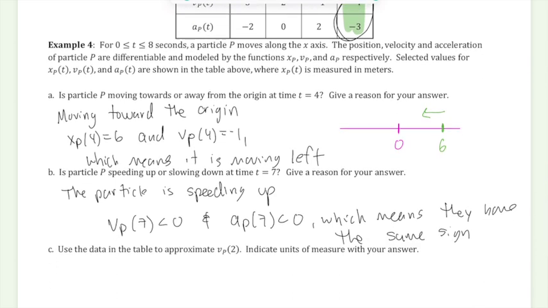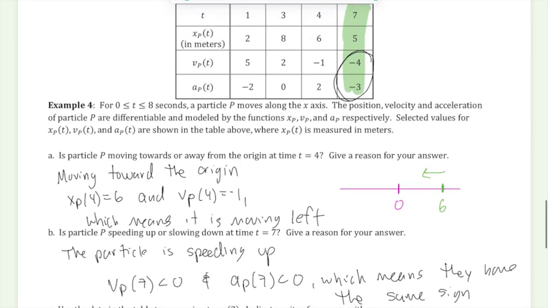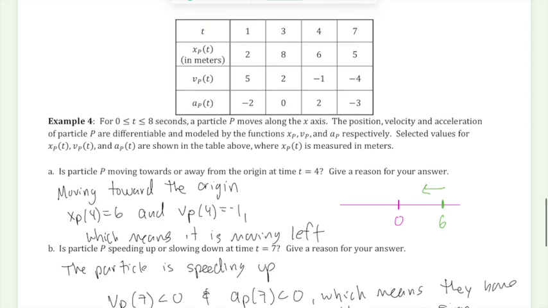C, it says use the data in the table to approximate the velocity at 2, and indicate your units of measure. So when it says approximate, that's the previous lesson. We are going to use our average rate of change at 2. So we are trying to figure out the velocity. We're going to use these two values and guesstimate using average rate of change.